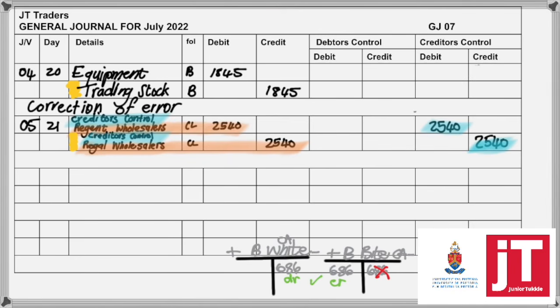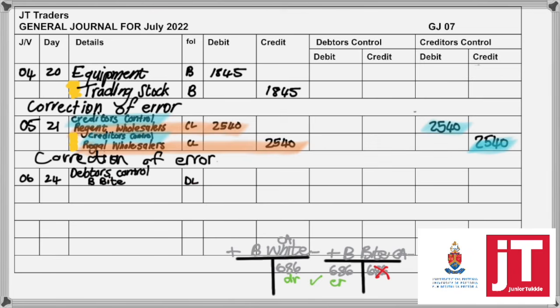So if I now look at the last one here, we have correction of an error that we left out here. Okay, and then we are correcting an error again.